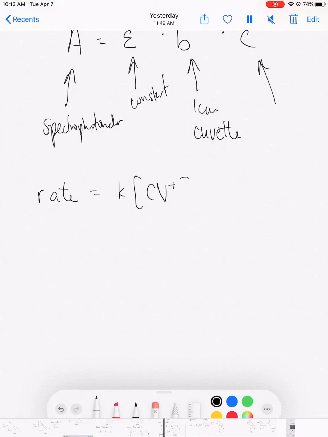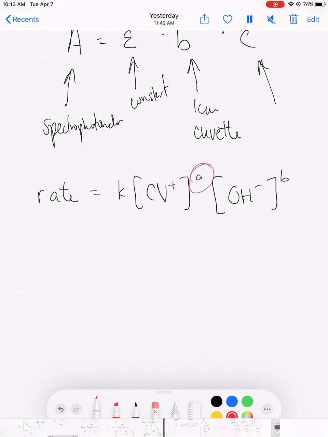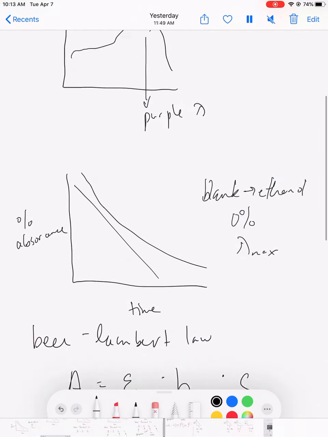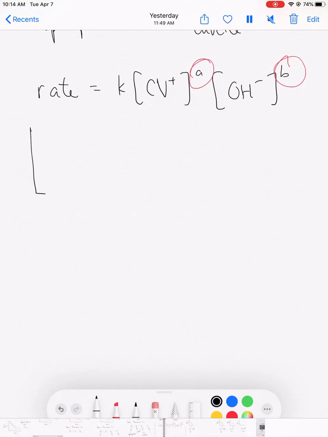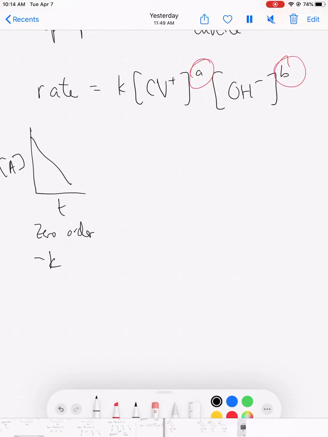Another thing: ultimately we want to find the rate law for the conversion of crystal violet and hydroxide ion to that colorless compound. So we're trying to find the orders of the reactions. Remember, when we find the orders, we'll want to graph it. A zero order graph will have a negative slope, with the concentration of A, or whatever compound you're interested in, on the y-axis and time on the x-axis.